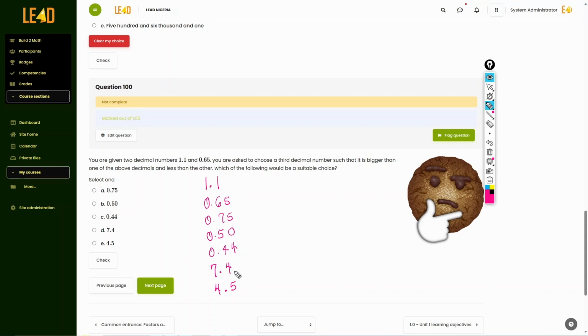Those that have just one decimal place, I'll make them 2 decimal places. Starting with the biggest is 7.4 because it looks like 740.